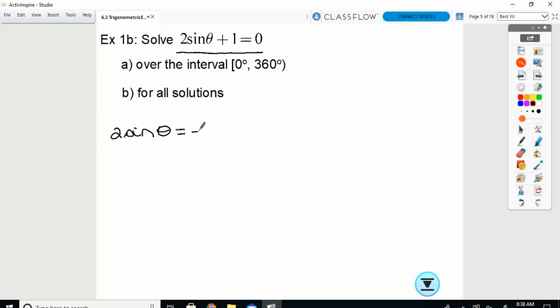So sine is equal to negative 1/2. So sine is a negative. When is sine negative? Reference angle. When is sine 1/2?